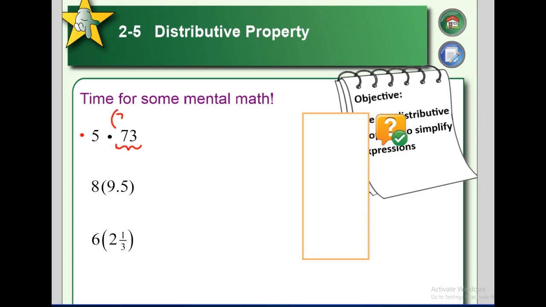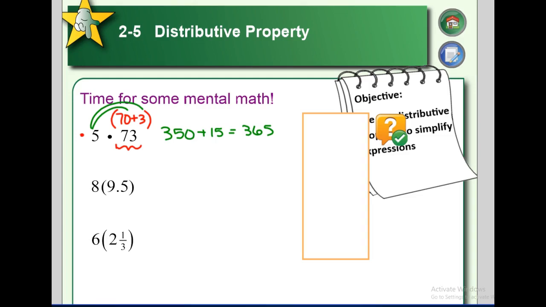So let's make this 70 plus 3. Now this is a little bit easier because 5 times 70 is 350, and then 5 times 3 is 15, and then that's pretty easy to add in my head and get 365. So again, mental math all the time in our head.